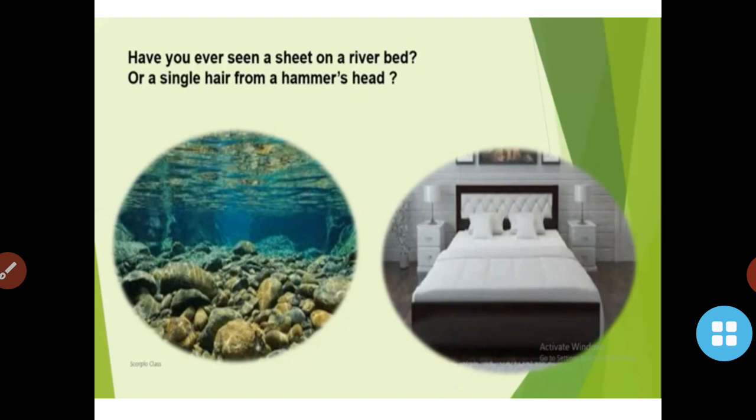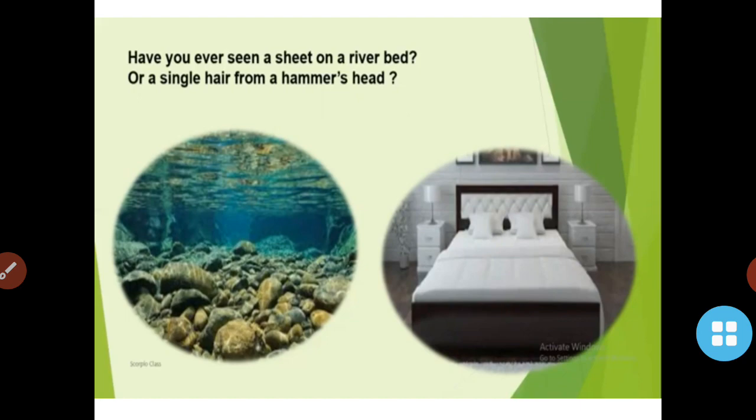So in these two lines, have you ever seen a sheet on a riverbed, means the writer is comparing the bed sheet and the river. Have you ever seen a bed sheet on a river? So it is an impossible thing. It is the writer's imagination. The whole poem depends on this, the writer is making fun.